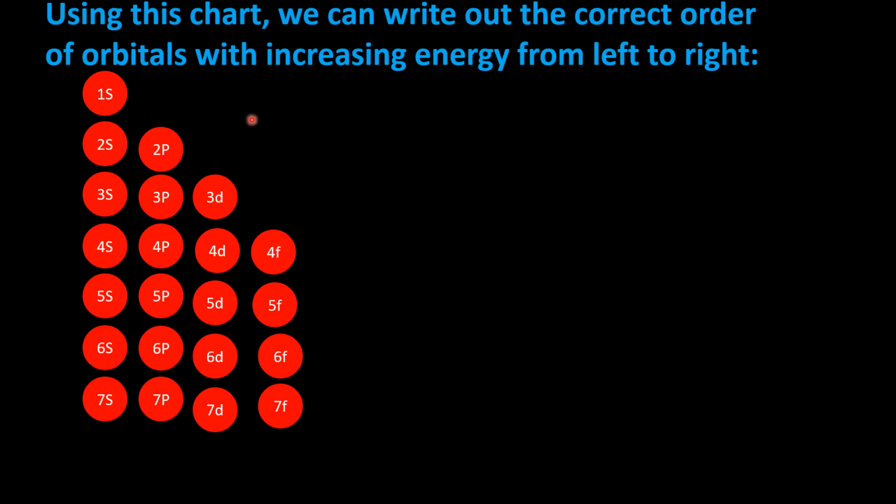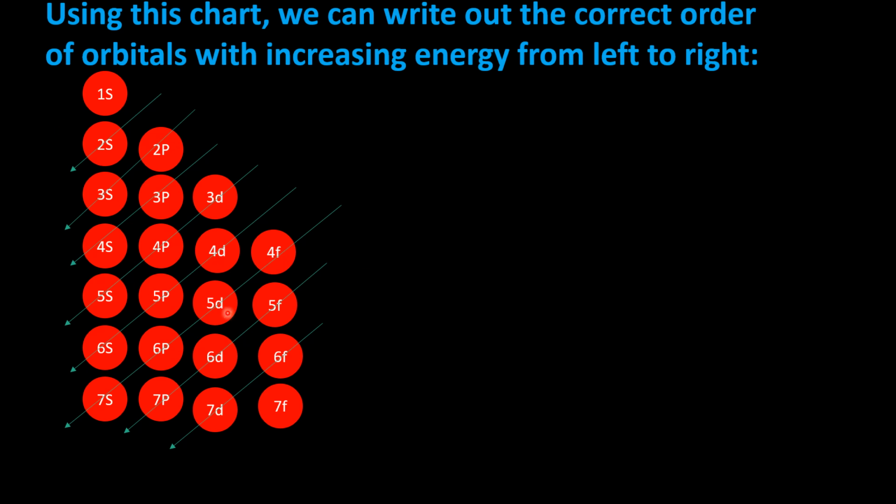First we fill the 1s electrons, and then 2s, and then 2p, 3s, and then we fill 3p, 4s, and then 3d, 4p, 5s. Next will be 4d, 5p, 6s, and then 4f, 5d, 6p and 7s. And then we have 5f, 6d, 7p electrons.